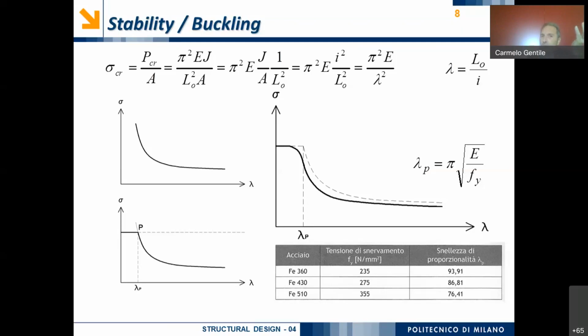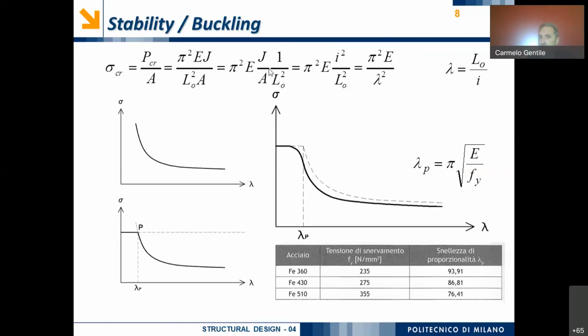For example, if we refer to a certain value of area and we try to concentrate a lot of area far from the center, the inertia moment is increasing, of course. And so also the ratio between J and A is increasing. And this number, I repeat, basically expresses the effect of the cross-section.